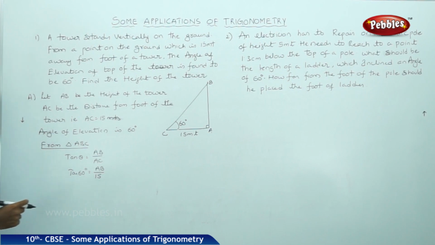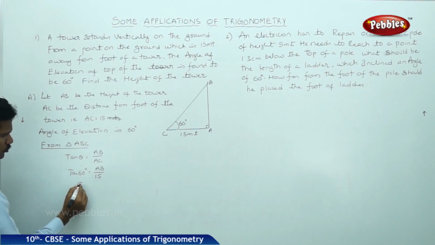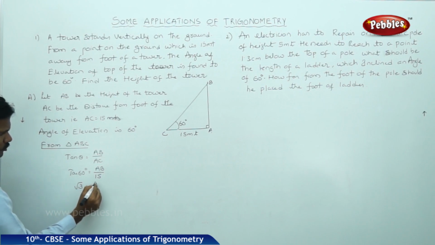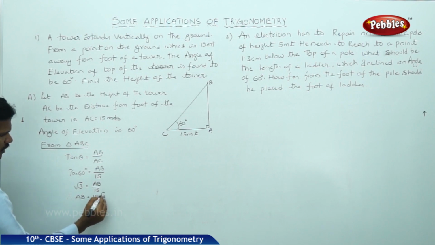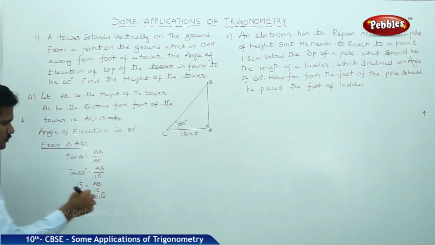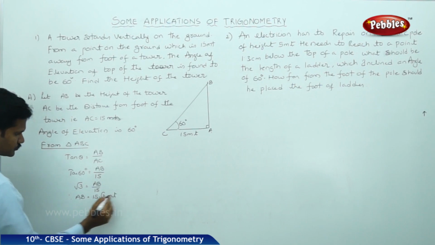We know the value of tan 60 is root 3, so root 3 is equal to AB by 15. Therefore AB is equal to 15 root 3 meters.